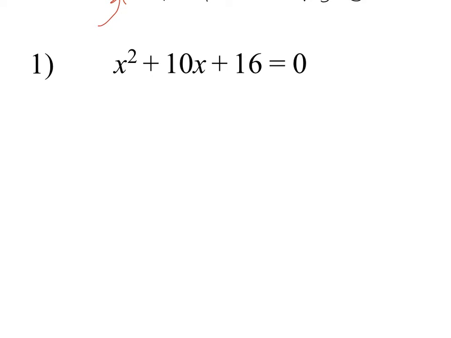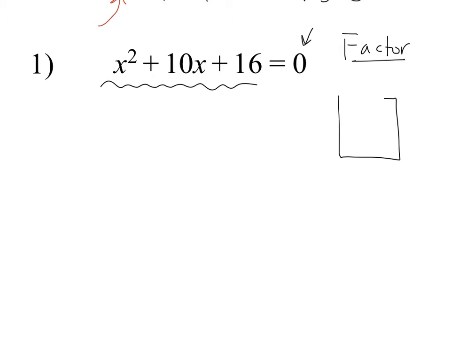So here we have a quadratic equation, x squared plus 10x plus 16. Now in this section, we're trying to solve these by factoring. So the first thing I want to make sure is everything is on one side and I have a 0 by itself, which I do. Then I will try to factor the remaining polynomial. Now if you remember how we factor, we use our box.